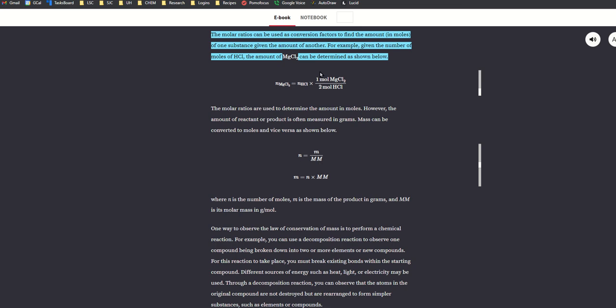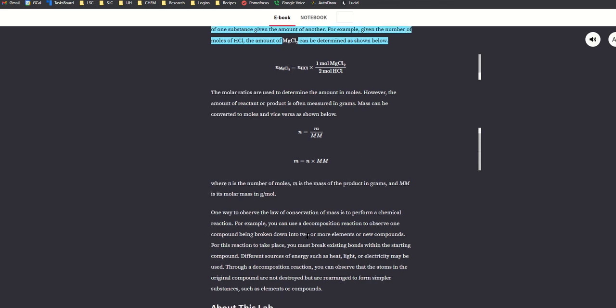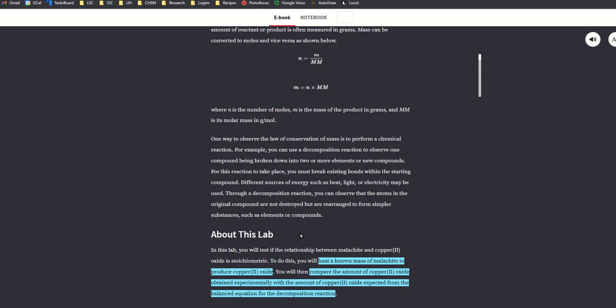If you were to set up the dimensional analysis, you would see that situation. And then if you want to get to mass using moles and molar mass, you multiply them by each other. And I'm going to demonstrate some dimensional analysis related to this lab for you at the very end. So what are we doing in this lab?